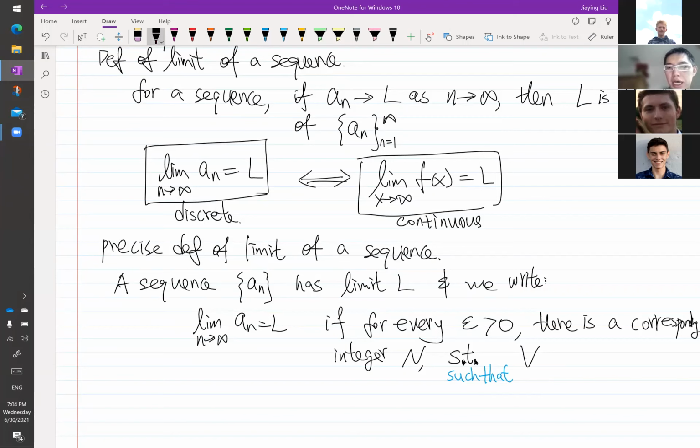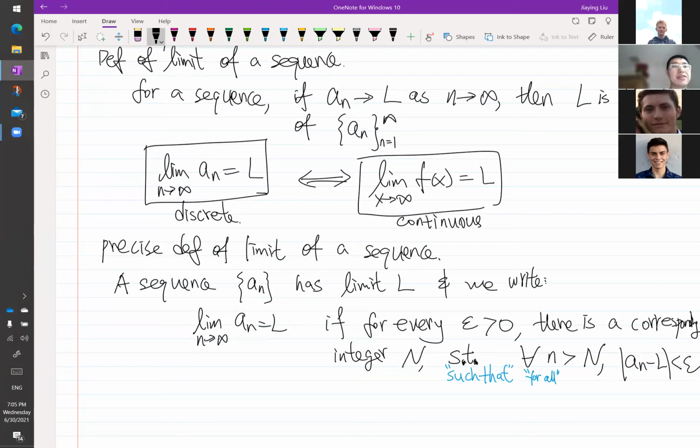This is basically an upside down A. It means for all. So for all lowercase n greater than capital N, the absolute value of an minus L is less than epsilon.